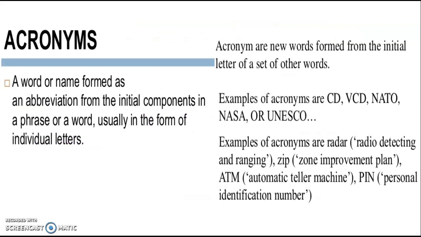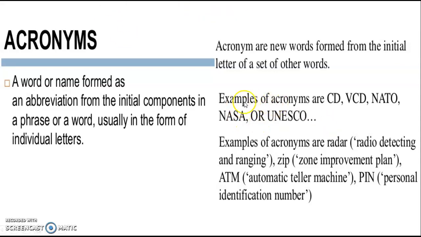And the last thing is acronyms. I think it is not necessary to explain too much about acronyms, but it's a word or name formed as an abbreviation of the initial components in a phrase, usually in the form of individual letters. What happens here is that there are some names of institutions, of companies, some other things that are too long to pronounce, so that's a process in which you are shortening the entire term by taking just the initial letters of the phrase.